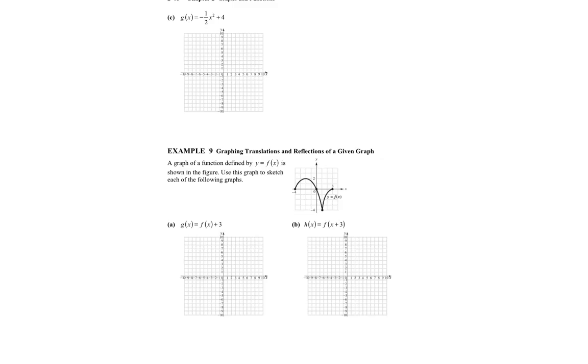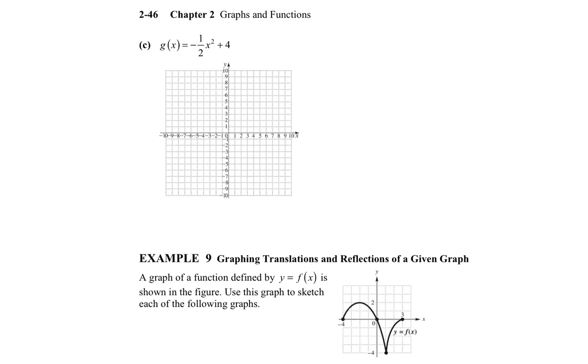All right, so let's move on. We're getting close to being done with these. These were a really long set. All right, so here we have negative 1/2 x squared plus 4. This negative sign tells me it's a reflection over the x-axis.